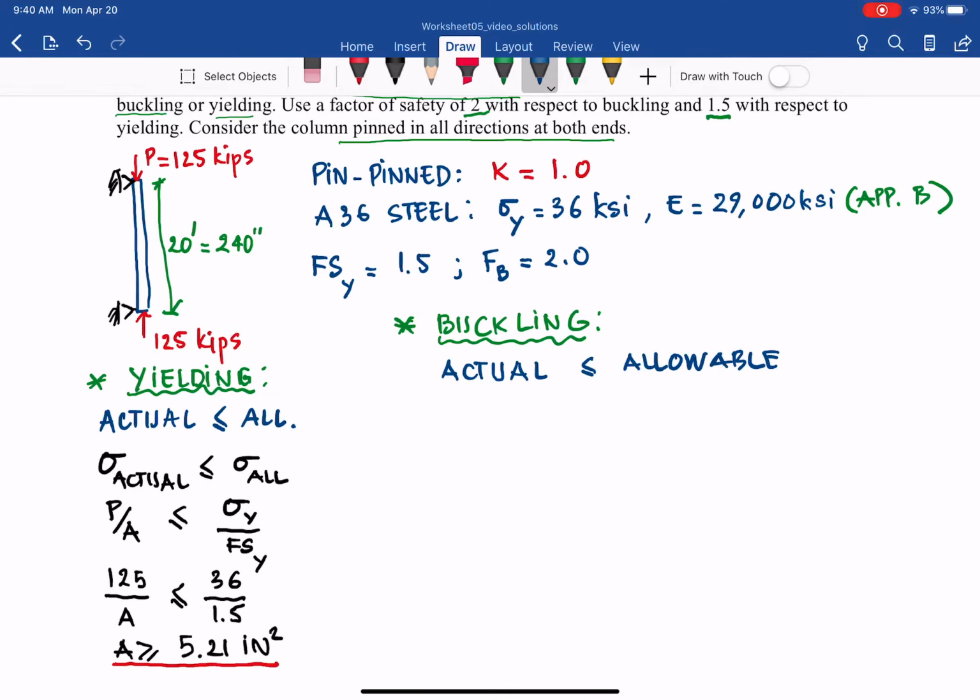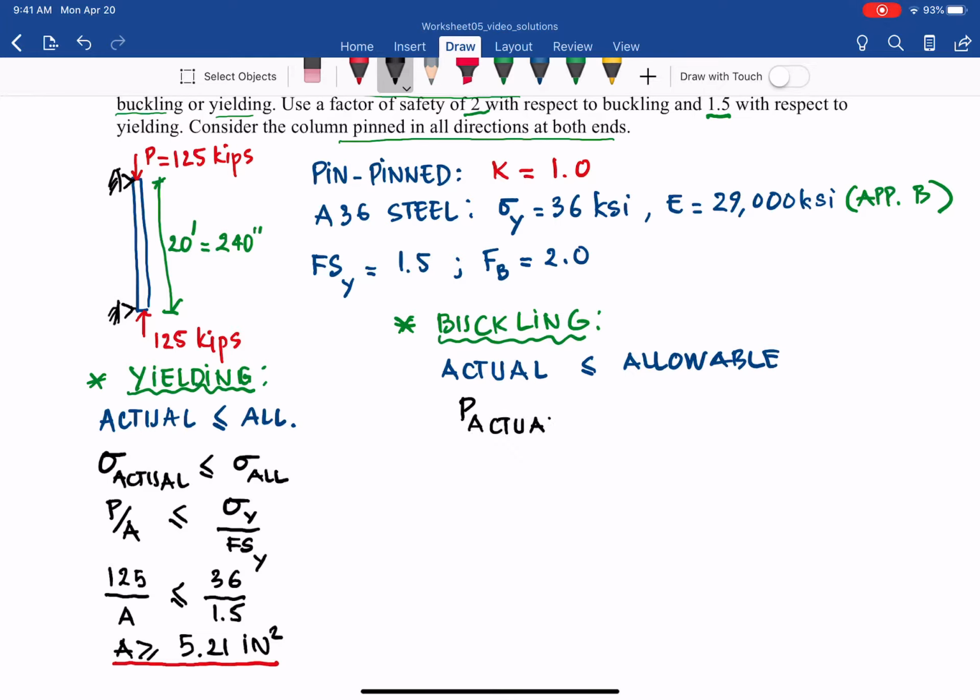And now, because of buckling, the failure is determined by critical load P critical. So instead of the sigma that was given, we are able to find the critical load that makes the member buckle. So the level that we are talking about is the load. So P actual less than or equal to P allowable.